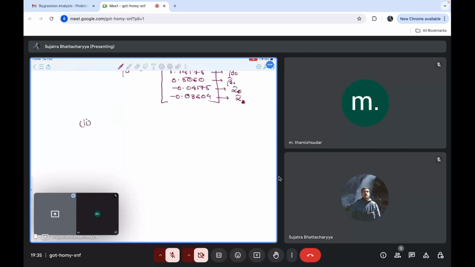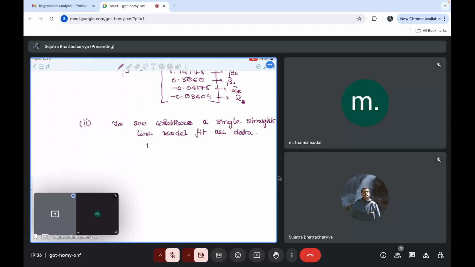The second part is to consider the data and, using a hypothesis test, see whether a single straight line model fits all the data or not.